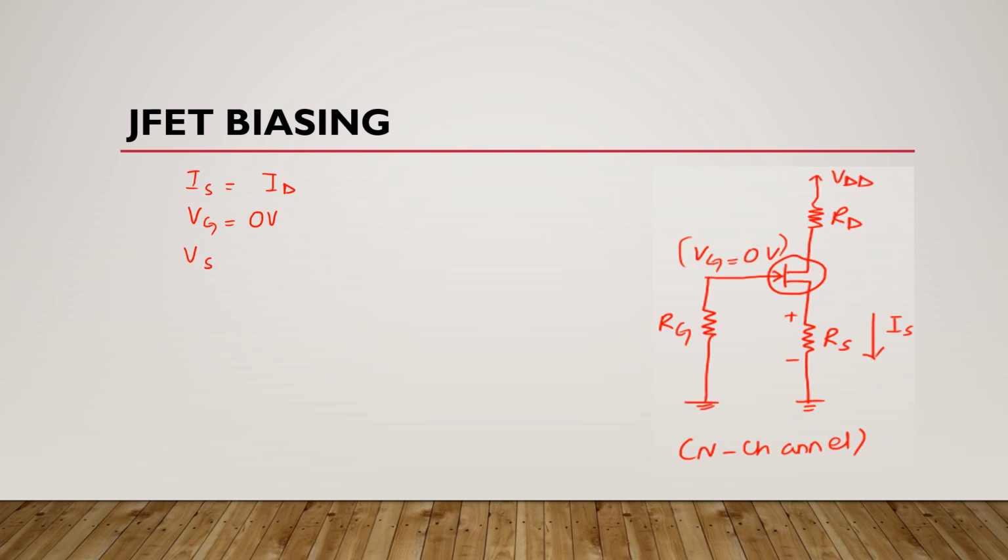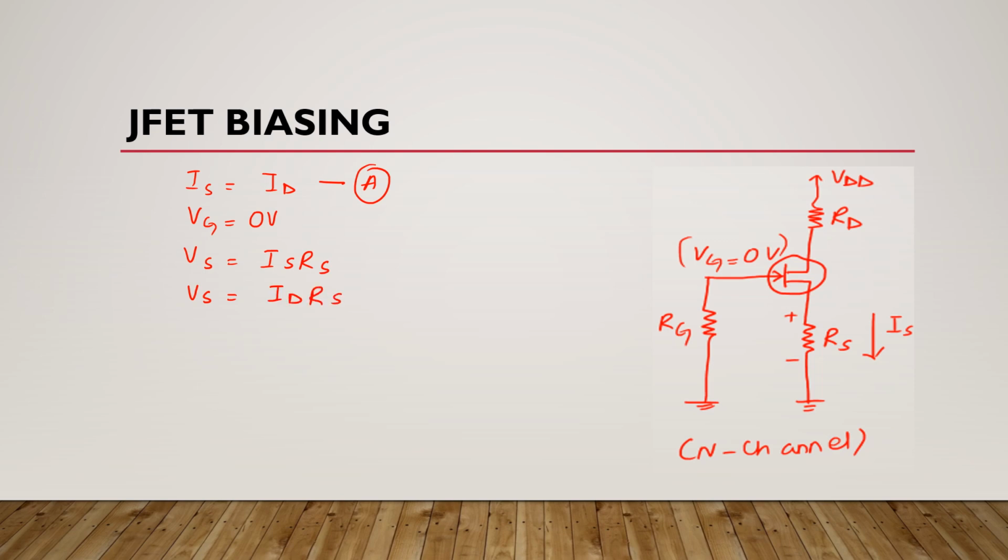Here the voltage drop across this source resistor is Vs, which is equal to Is Rs. Now from this equation we know that Is is equal to Id. It means here this Vs is equal to Id Rs.